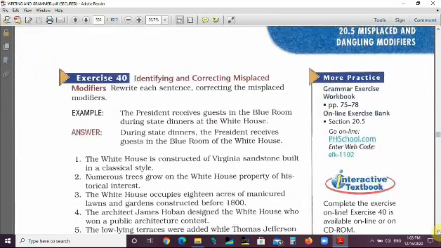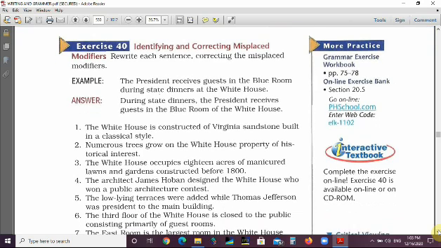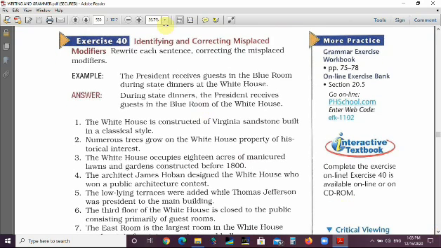let's have exercise 40. Rewrite each sentence, correcting the misplaced modifiers. The example says: The president receives guests in the Blue Room during state dinners at the White House.